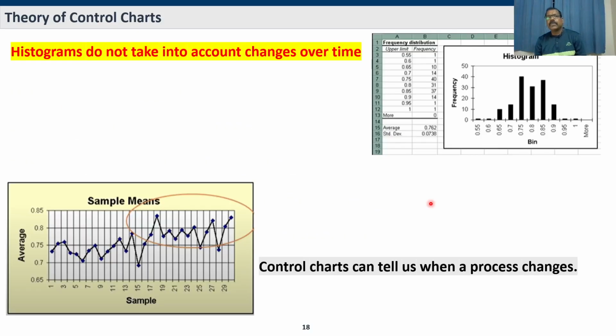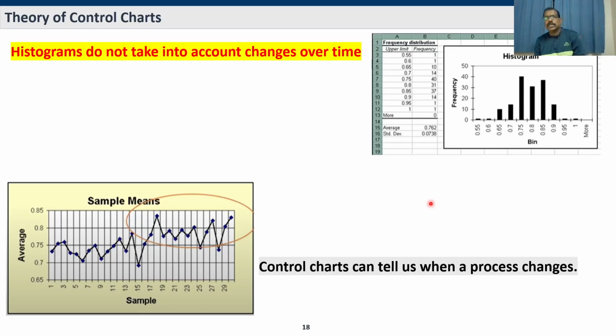Then in terms of data analysis or statistics, you have different charts or diagrams, such as pie charts. Histograms are also one kind that is used mostly, but histograms do not take into account the changes with respect to time.